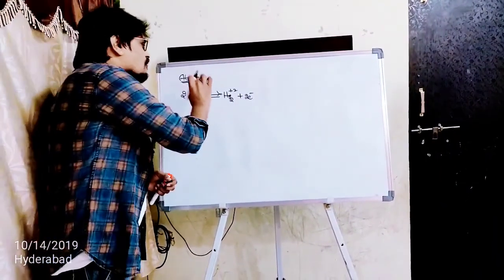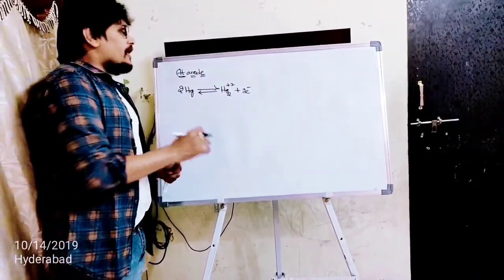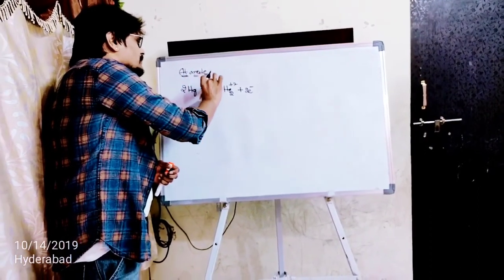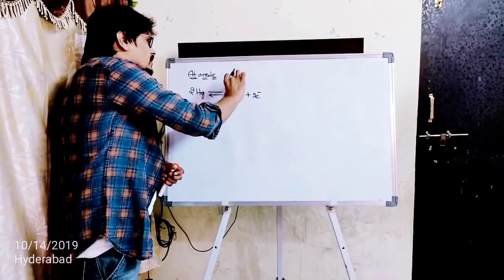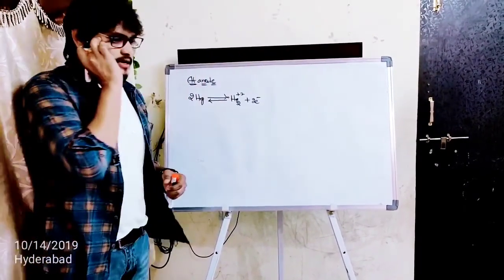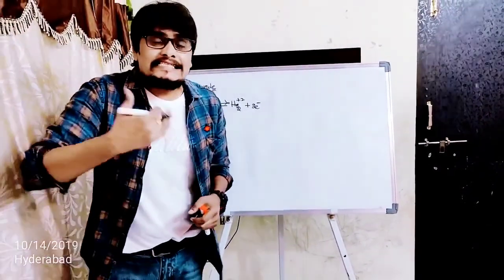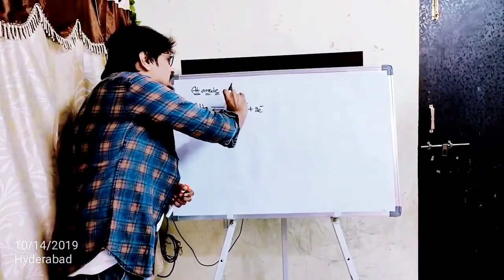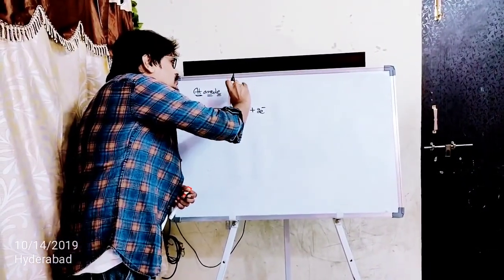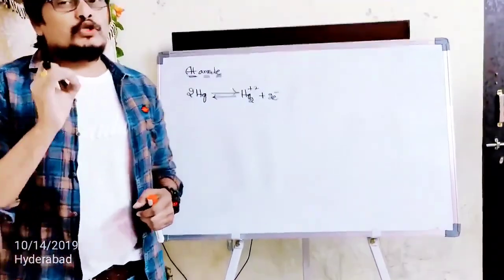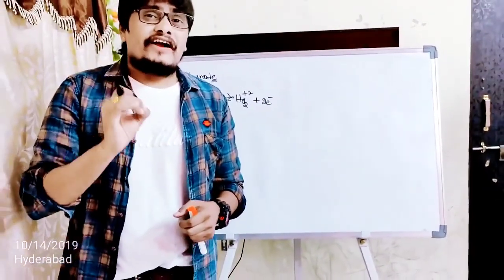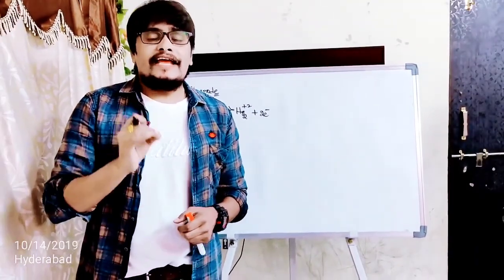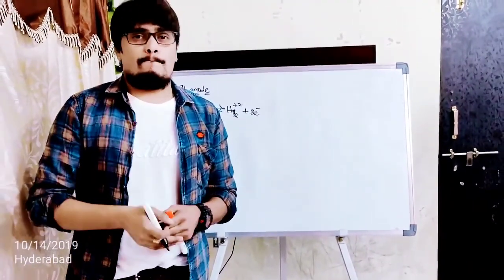Now, what is formed in the first step? The mercury acted as anode and underwent oxidation, producing Hg2 2+ ions and losing 2 electrons. Now, what could be the next step? The next step is the stabilization of these Hg2 2+ ions. Do remember that nature hates the ionic form.